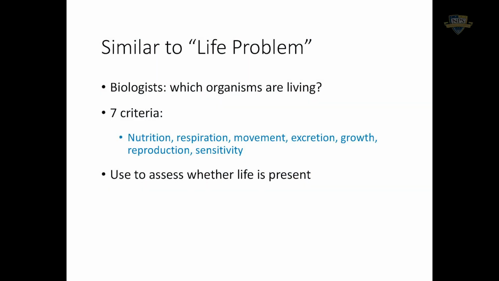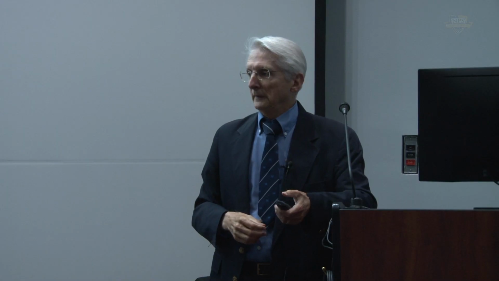Okay, now I'll just point out that this problem of trying to figure out what intelligence is and build machines is similar to the problem that biologists have. Biologists are interested in the question of what is life? And a substantial part of biology is actually devoted to trying to answer that question. The biologists haven't been able to agree on a unique definition of how you tell that an organism is alive. What they have done is come up with 7 criteria, and here they are.